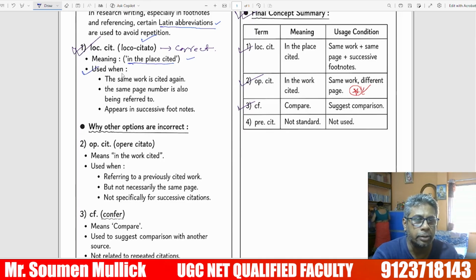When is it used? Number one, the same work is cited again. Number two, the same page number is also being referred. Number three, it appears in successive footnotes.